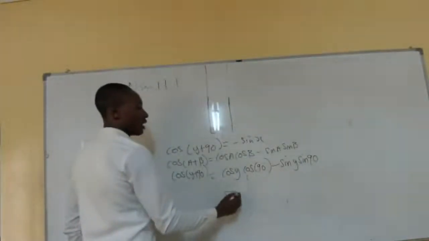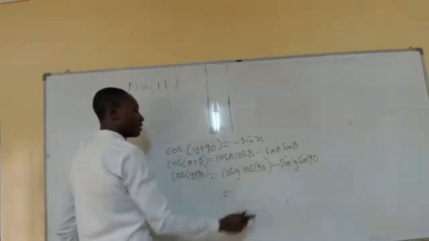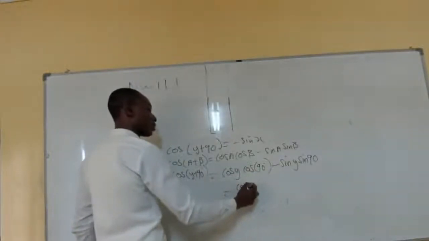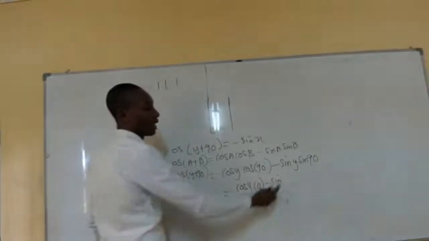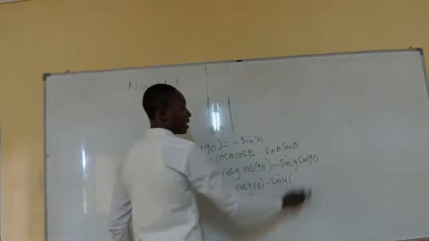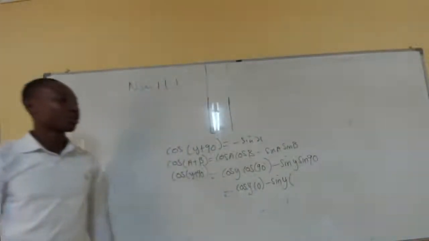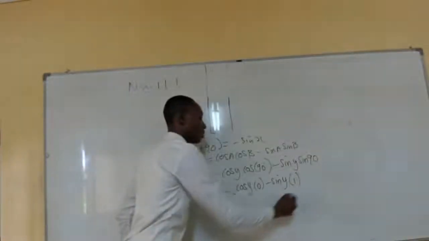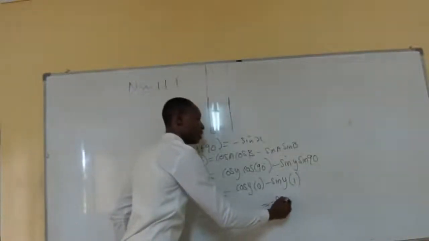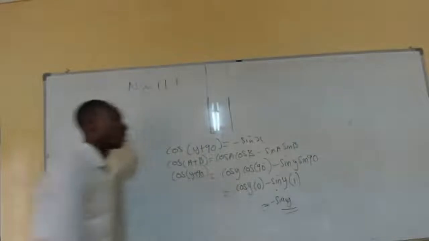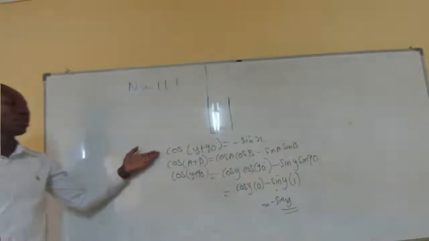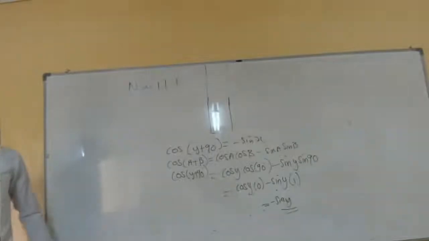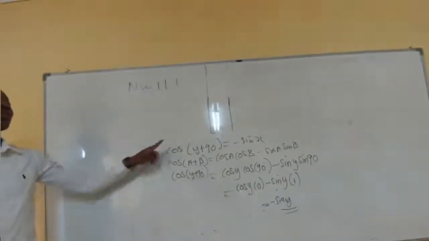Then we know that cos of 90 is 0, so this is cos y times 0 minus sine y multiplied by sine 90 degrees, which gives us a 1, so this ends up being negative sine y, right? So again, I've applied the sum difference identity for cos in order to derive that.